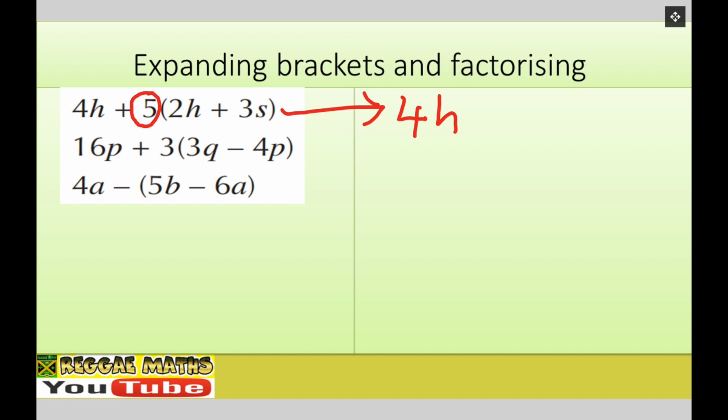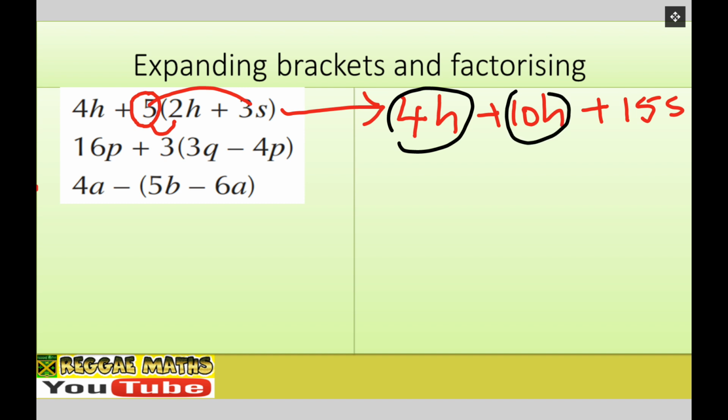Then you carry out the procedure. 5 times 2 is 10h. 5 times 3s is 15s. The like terms here are the h. So 4h plus 10h gives you 14h plus 15s.